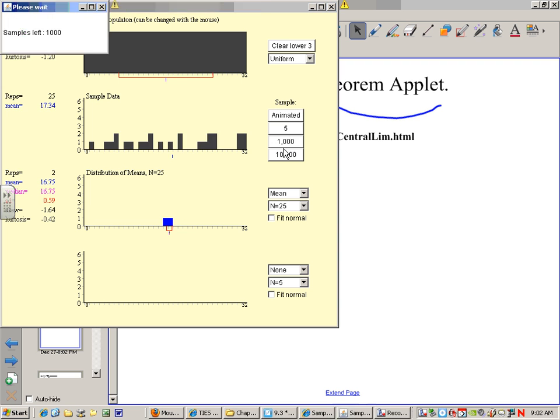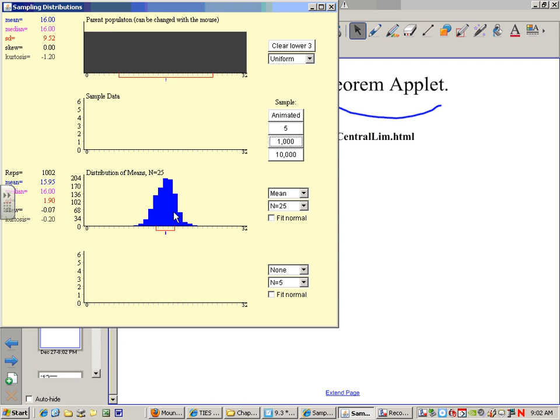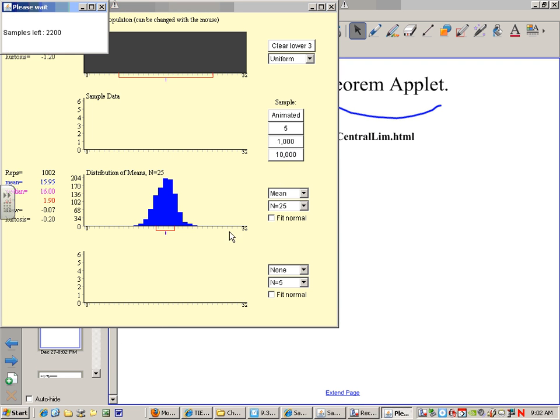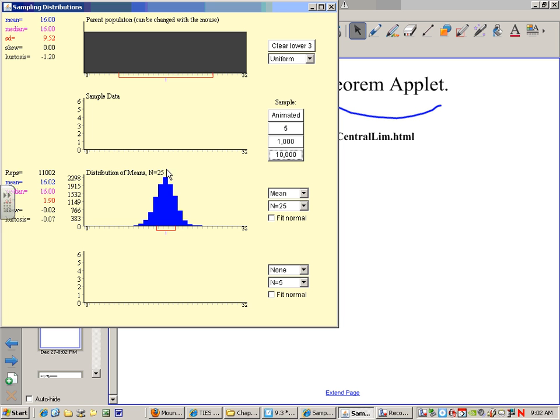So if I do 1,000 of those, that looks really normal. If I do 10,000, that looks much more normal. So if I take a lot of pieces and find the mean of those, I can get a normal distribution. But if I take just 2, that doesn't work with uniform.